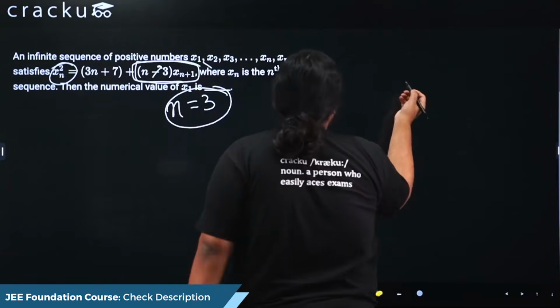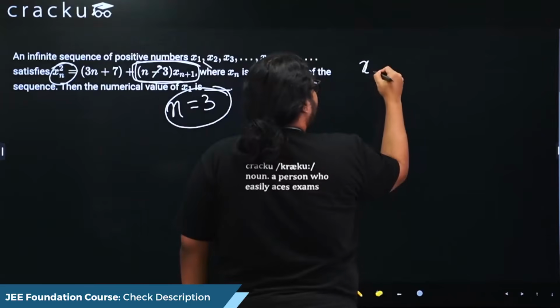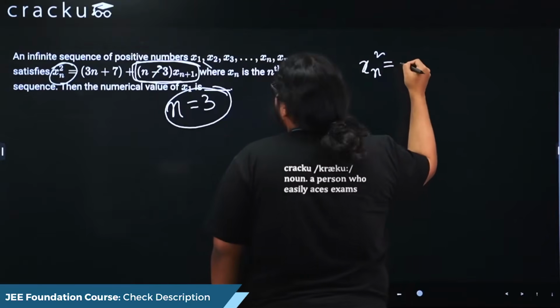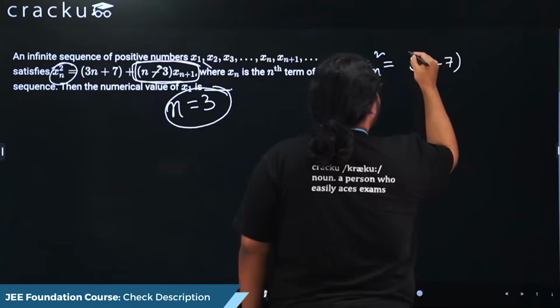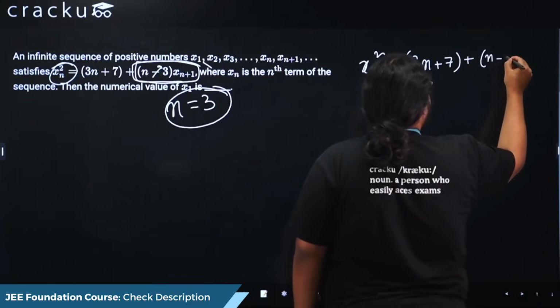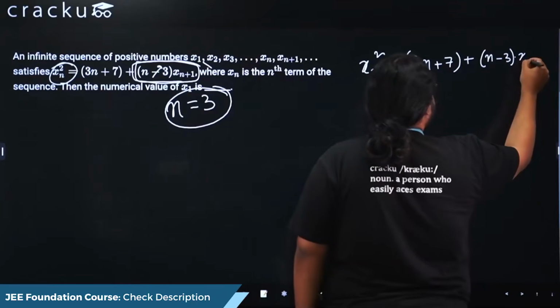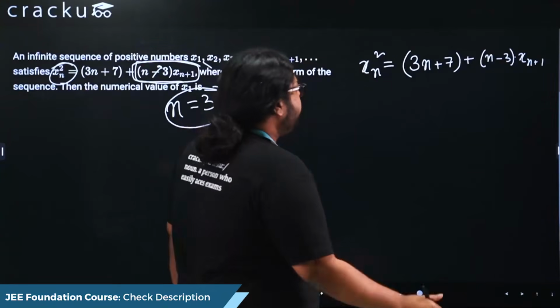Let's begin this. We have xn square equals thrice n plus 7 plus n minus 3 into xn plus 1. So we begin with n equals 3.